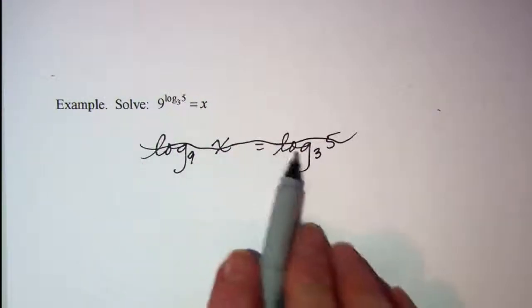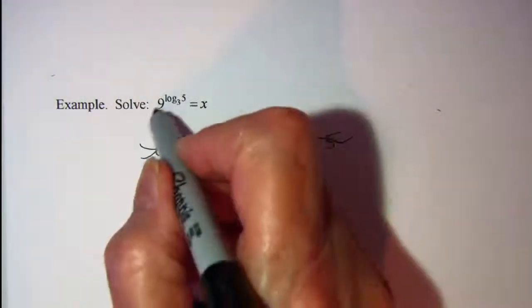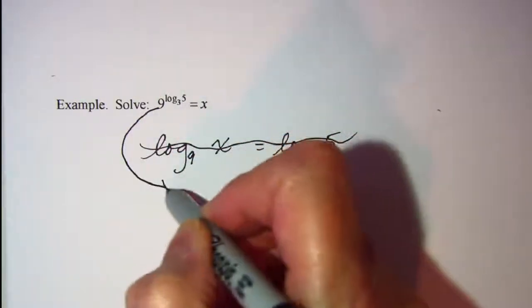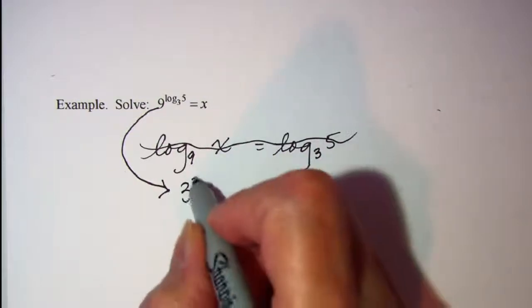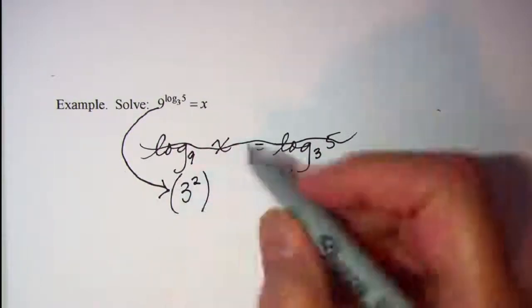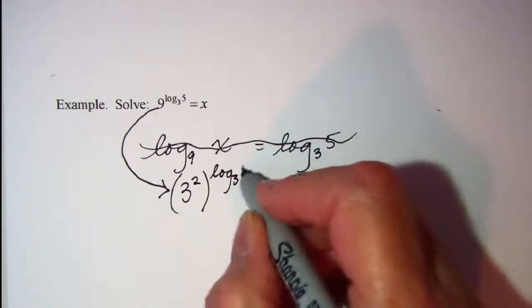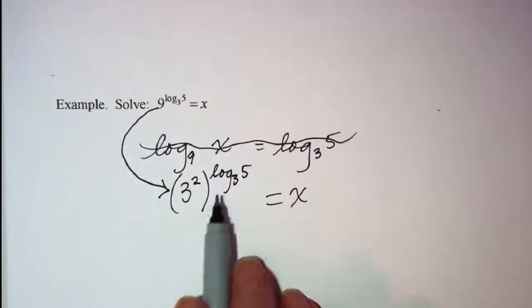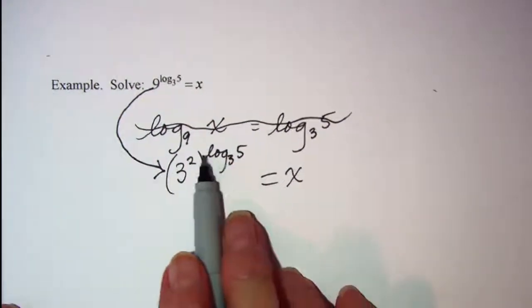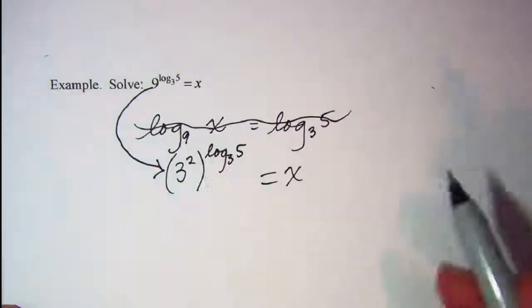But I can get a base of 3 out of this problem by rewriting this. So let's do that. 9 is 3 squared, and then that's raised to the log base 3 of 5. And now let's try this problem. We know that when we have a power to a power, we multiply the exponents.